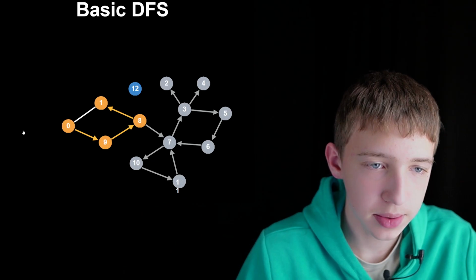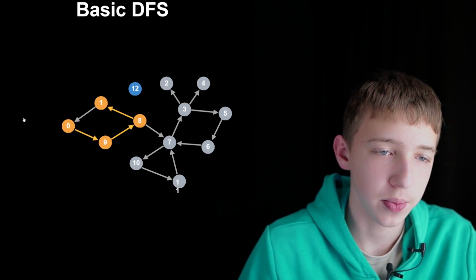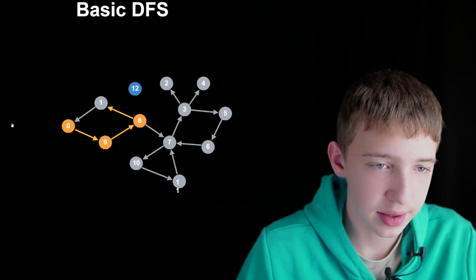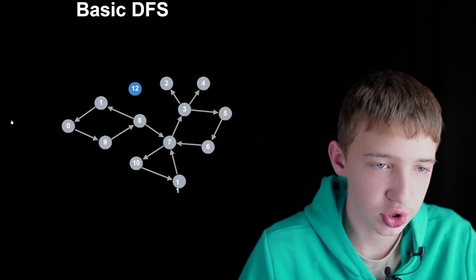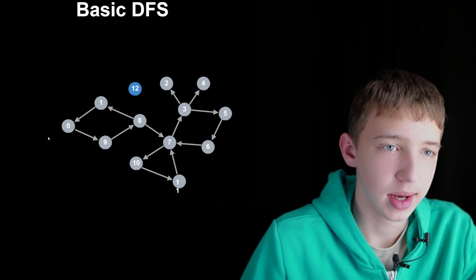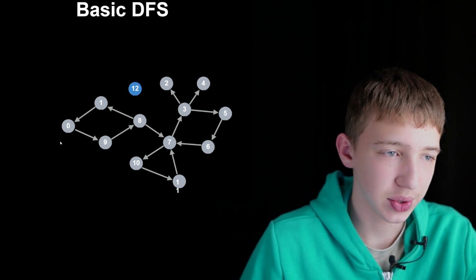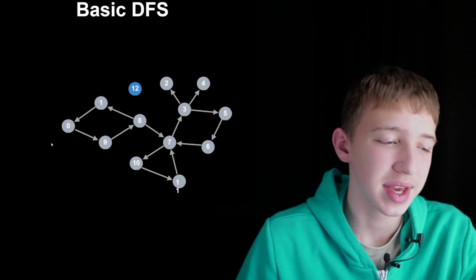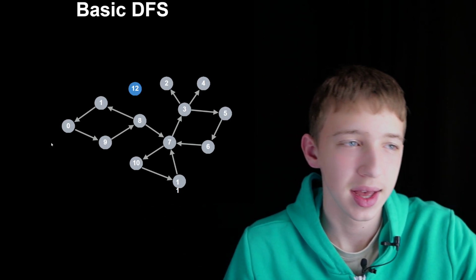So we're going to 1 and back to 0. Now we're backtracking back to 0, and that is how depth first search works in a nutshell.